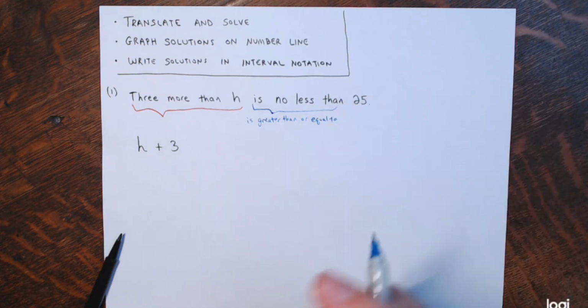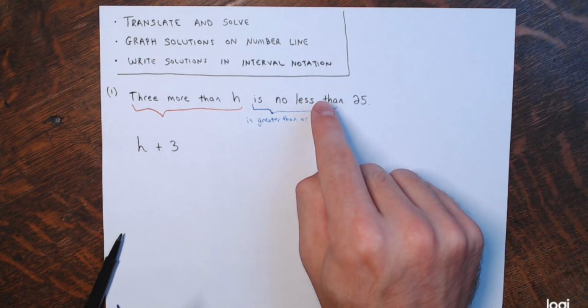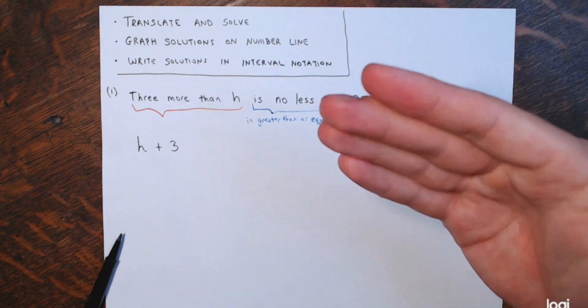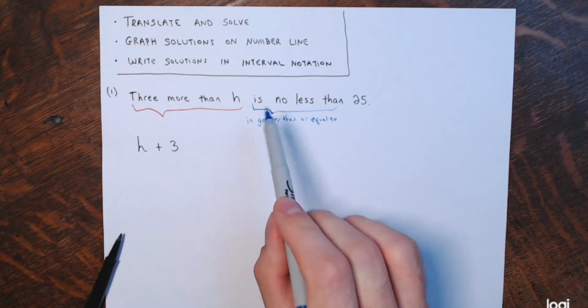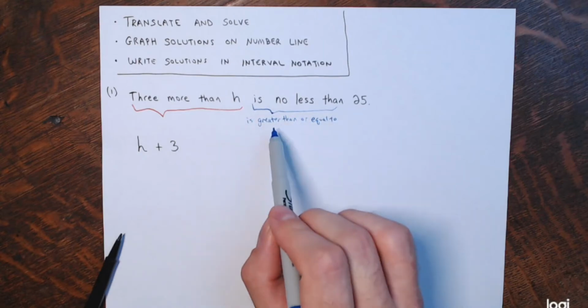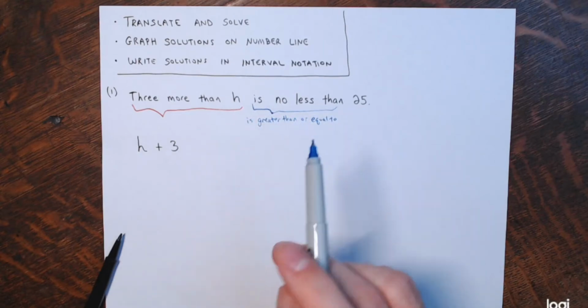Because really, when you're talking about numbers, you can either be less than something, equal to something, or greater than something. Well, if you're not less than that, that means you're either greater than or equal to. It's called the law of trichotomy. You're either less than a number, equal to a number, or greater than a number. And one more time, if you're not less than 25, that means you're greater than 25 or you're equal to 25.